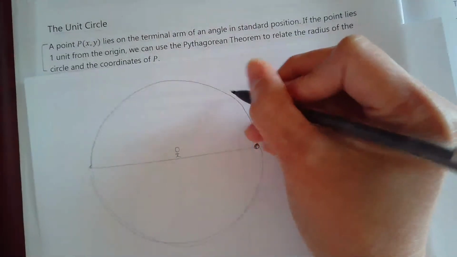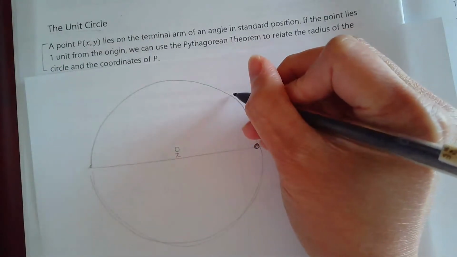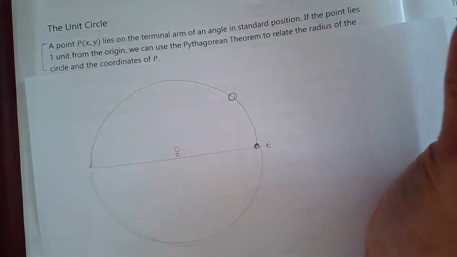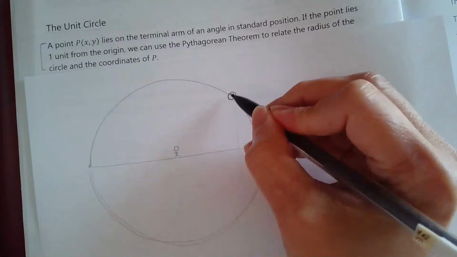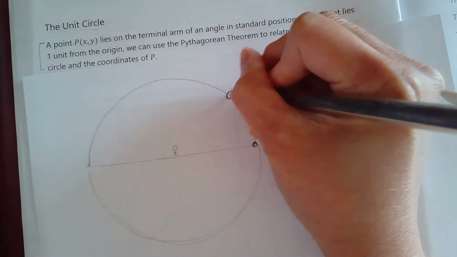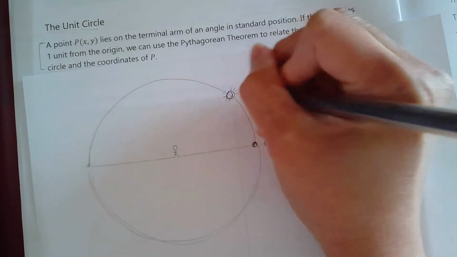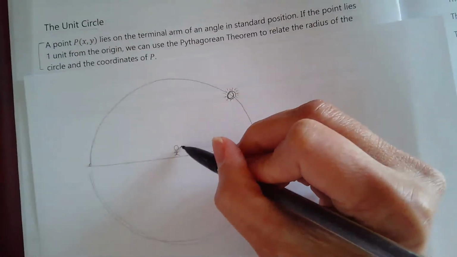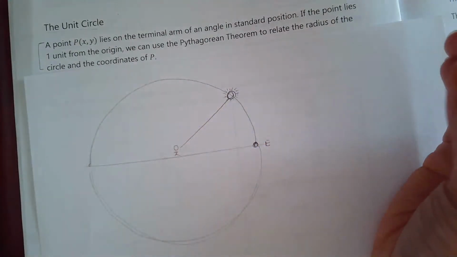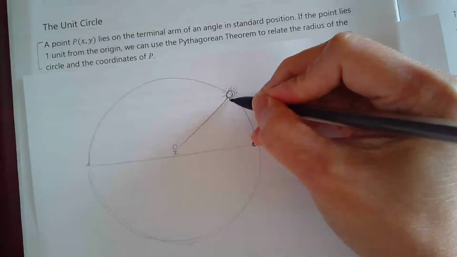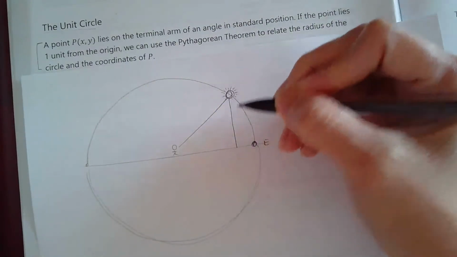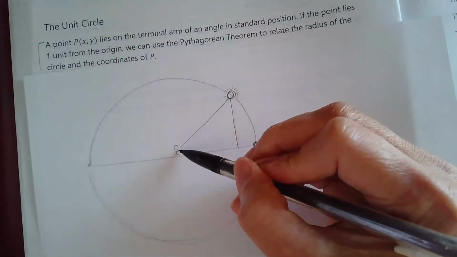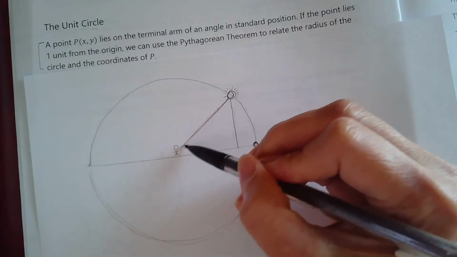So if the sun happens to be up here, the astronomers back in the olden days were thinking, oh my gosh, what is that? How far is that? How far is the sun?